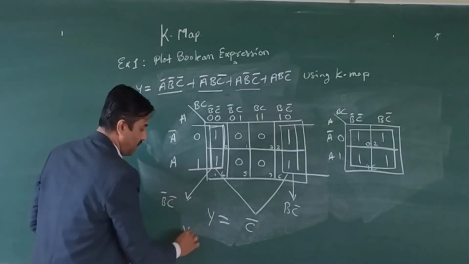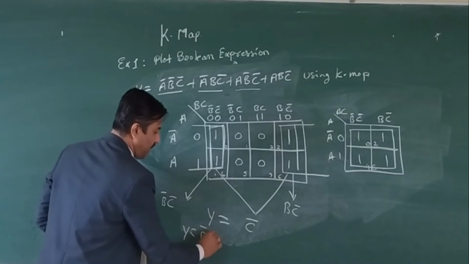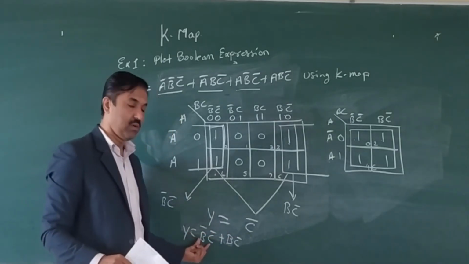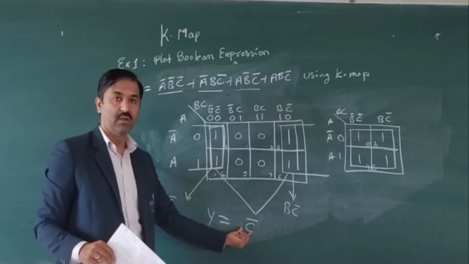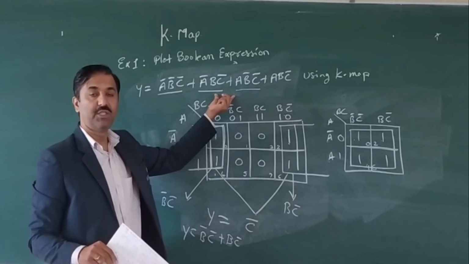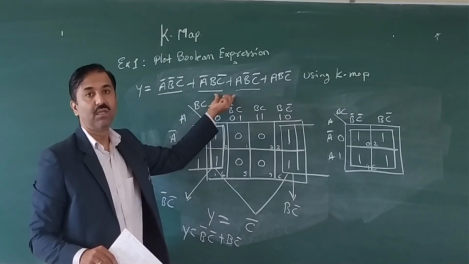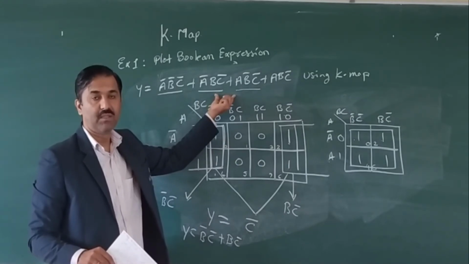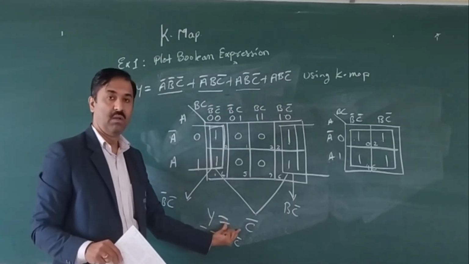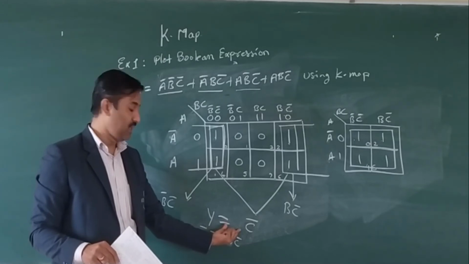So the final expression would be y is equal to B bar C bar plus B C bar. So check out which is simpler. If I ask you to simplify the Boolean expression using K-map and draw the circuit diagram for the same simplified expression, you find this is a more simplified expression compared to this.